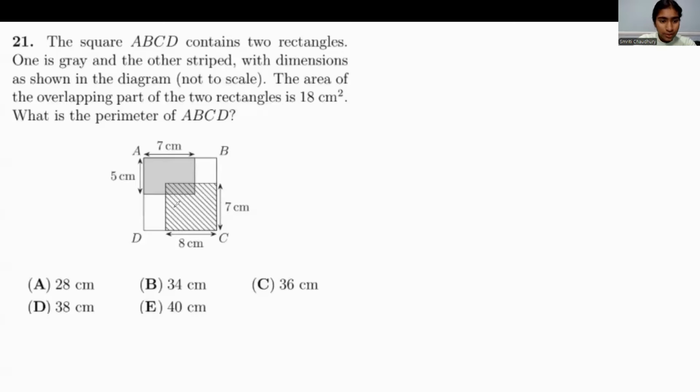So we know that this is 18 centimeters, and let's see, 18 can be, assuming this is going with integers, it can be 1 and 18, can be 2 and 9, or 3 and 6. Now, it can't be 18 because we've got 7 and 8, and this is smaller than both, so 18 is not possible.